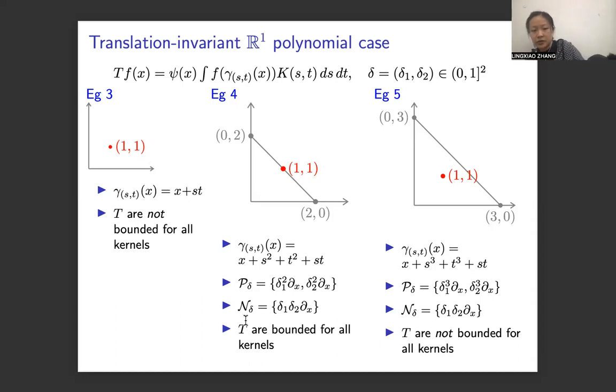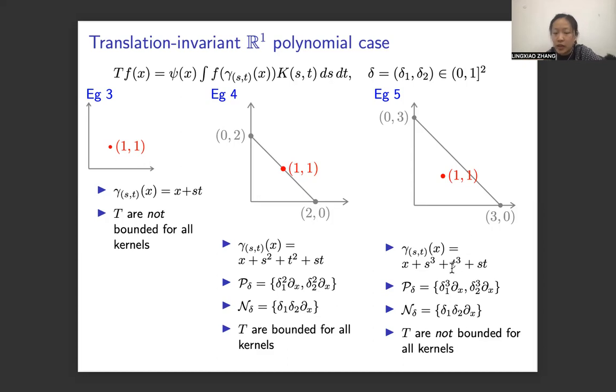And the non-pure vector field is delta 1 delta 2 dx. And we don't need to worry about iterated commutators, because in this translation-invariant polynomial case, every commutator vanishes. And now, by a simple calculation, this delta 1 delta 2 dx can be written as a linear combination of delta 1 squared dx and delta 2 squared dx with bounded coefficients. So by our theorem, our T should be bounded for all kernels.